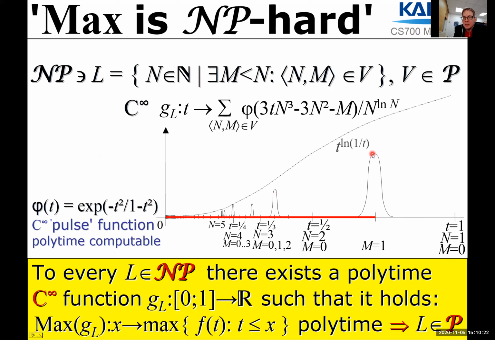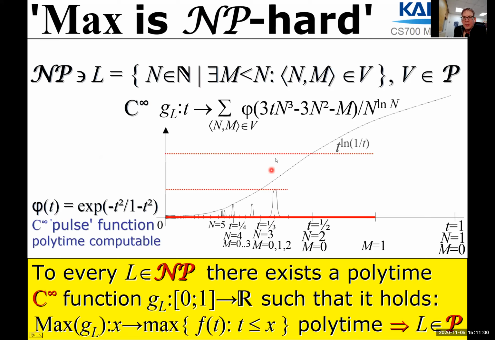But the height difference between these two pulses is just barely large enough so that we can distinguish these cases in polynomial time. So here, in this example, there are two possible positions for witnesses, right? And if either of the two witnesses, or maybe both, are present, then the parametric maximum up to here will be this value. And if none of the two candidate witnesses is present, then the maximum will be somewhere in this range.